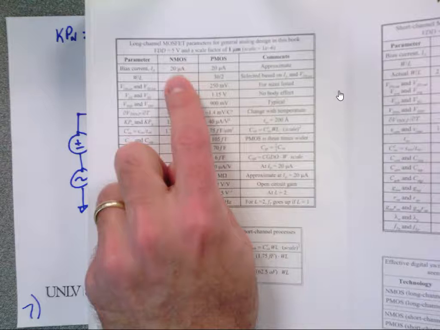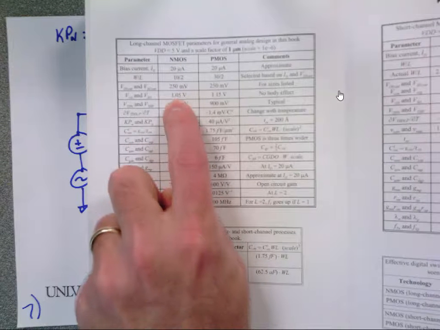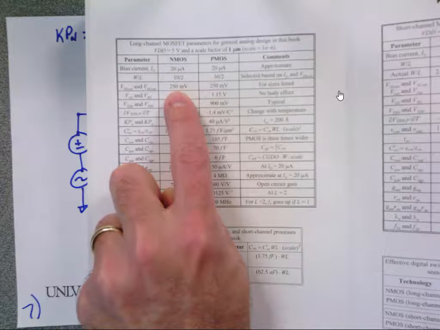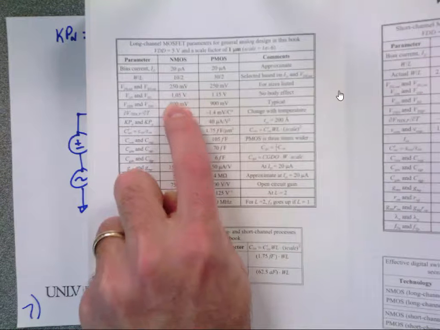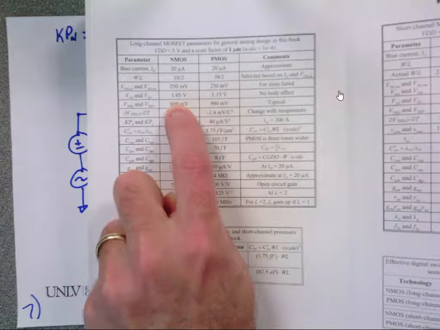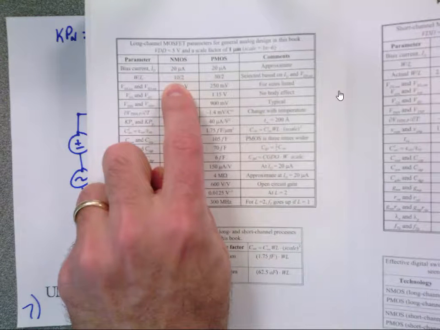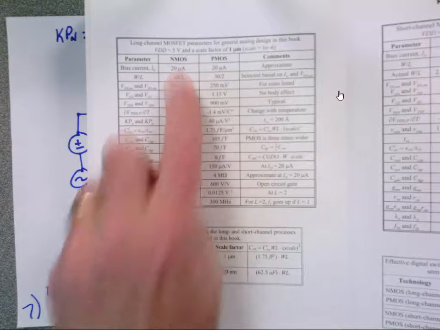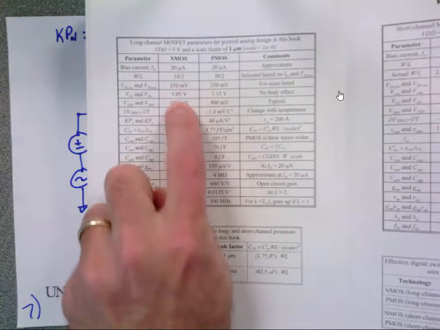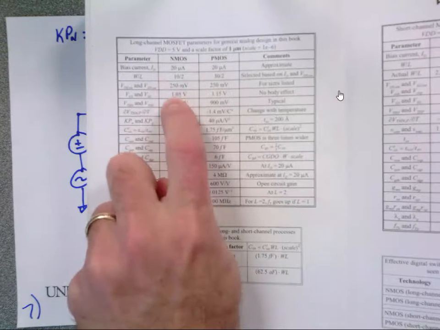This current and this size and this VGS here, 1.05, and this is called the VDS sat because it's VGS minus the threshold, which is 250 millivolts. These are valid for only these devices. So if I change the device size to 15 by 2, that doesn't make sense, because the current isn't the same. The only time these are valid is for these sizes and currents and VGSs.